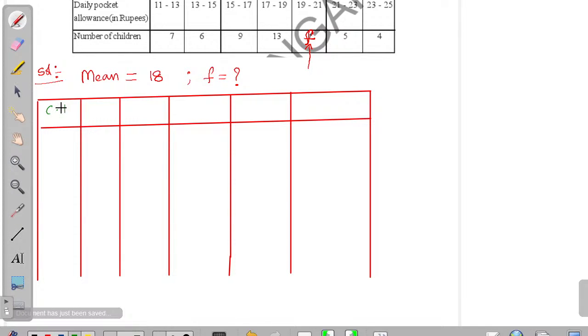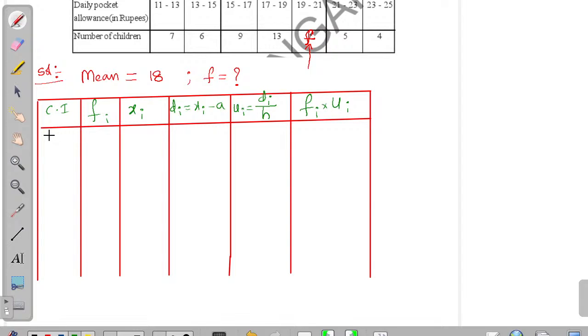Di is the deviation, xi minus a. For ui, we can write di by h, because di is given here. After that, fi into ui.